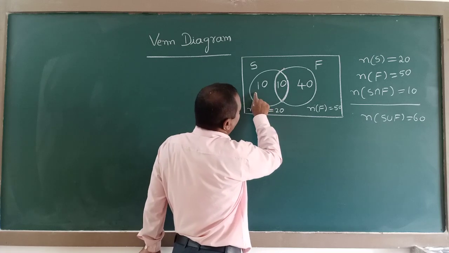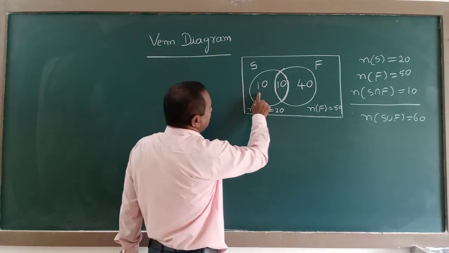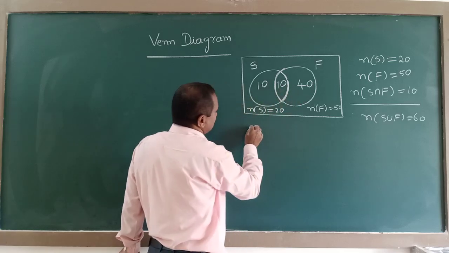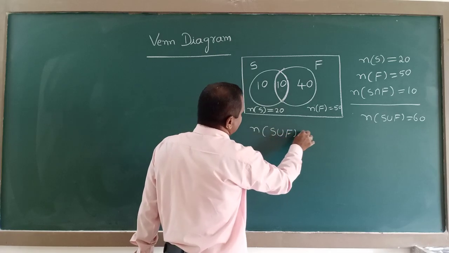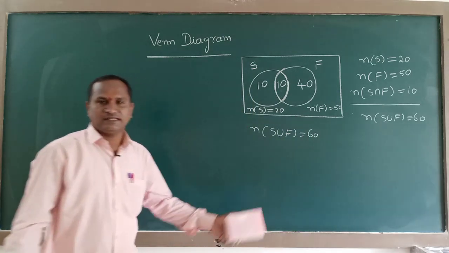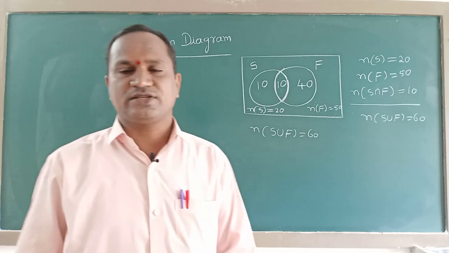If you take the sum of all these three numbers, finally you should get 60: 10 plus 10 is 20, 20 plus 40 is 60. Therefore we can write S union F is equal to 60. Like that we draw the Venn diagram for this.